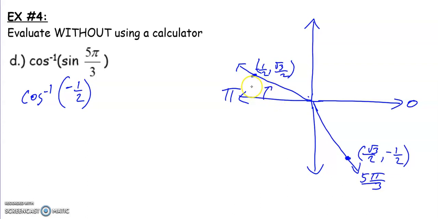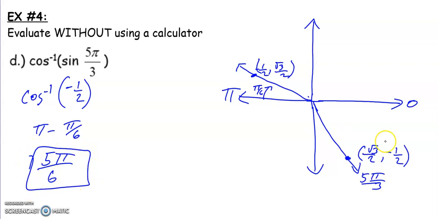And we have a reference angle of pi over 6. So I would do pi minus pi over 6, which we've already established as 5 pi over 6 in a previous example. Boom. Not so bad.